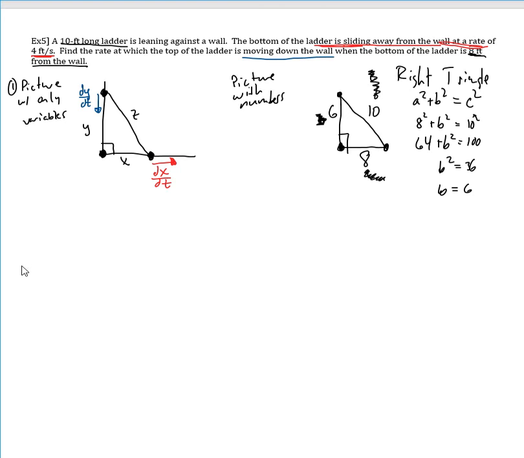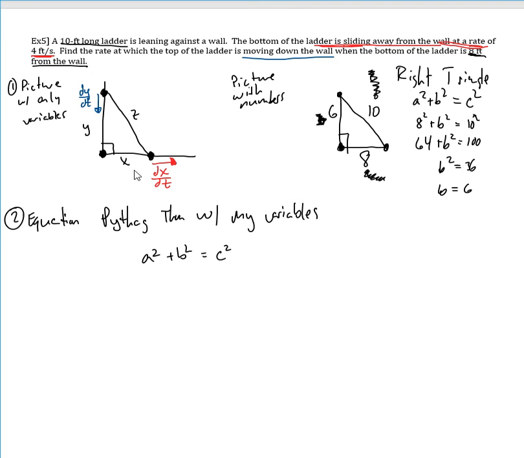Step 2 is I want to think of an equation that can be used to help me. Well, it is Pythagorean's theorem again. Pythagorean theorem with the variables that I chose, though. Okay, so Pythagorean's theorem is usually a squared plus b squared equals c squared.